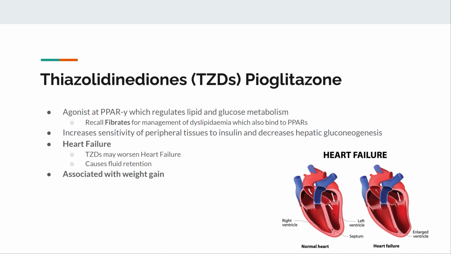You should recall that fibrates, like fenofibrate, which manage high triglycerides and cholesterol, also interact with the PPAR family of receptors. The thiazolidinediones increase peripheral sensitivity to insulin, and they reduce hepatic gluconeogenesis through complex mechanisms. But they cause fluid retention, and they can worsen heart failure, and they're associated with weight gain.